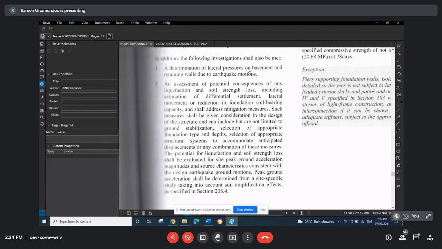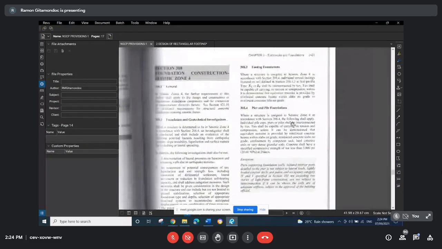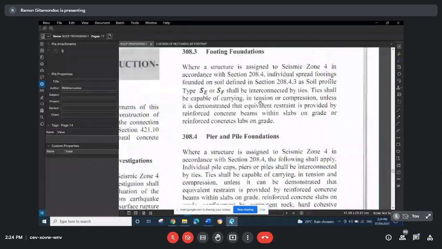So a determination of lateral pressure on basement and retaining wall due to earthquake motion is especially for multi-level basements, no, where the lateral pressure can be very high. So assessment of potential consequences of any liquefaction and soil strength loss. So I hope you read this through, no, so that you will be aware of the things you need to consider in foundation design.